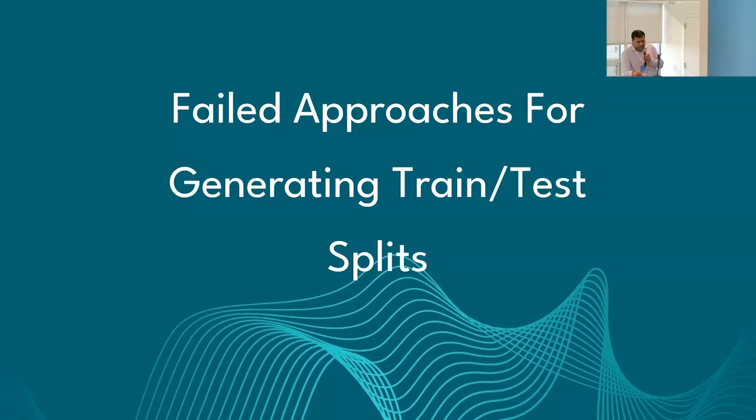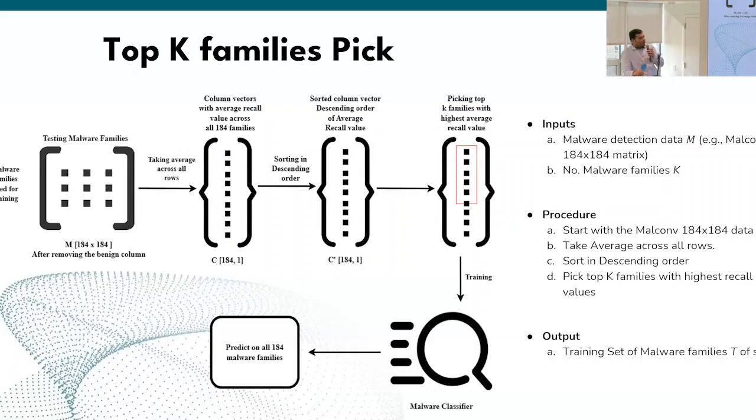So before the ending, I would like to go over some of the approaches we used for generating the train test splits, which did not work out. One of the approaches was to use the top K families picked from the 184 cross 184 matrix.